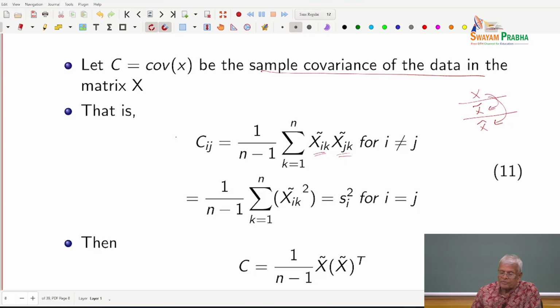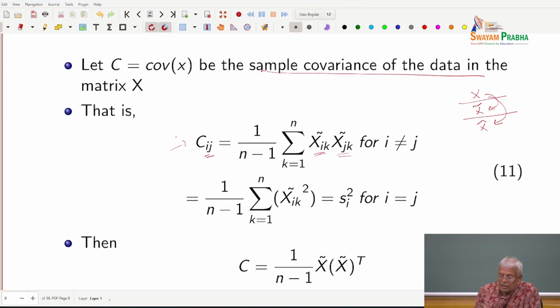The covariance matrix is a matrix Cij. It is defined by the inner product of Ik with Jk. I hope you understand the Cij. So I am considering the ith element.